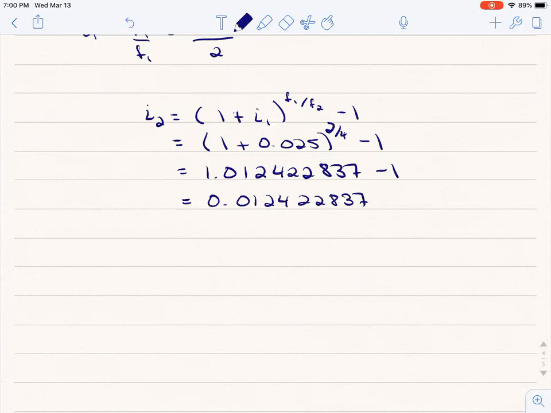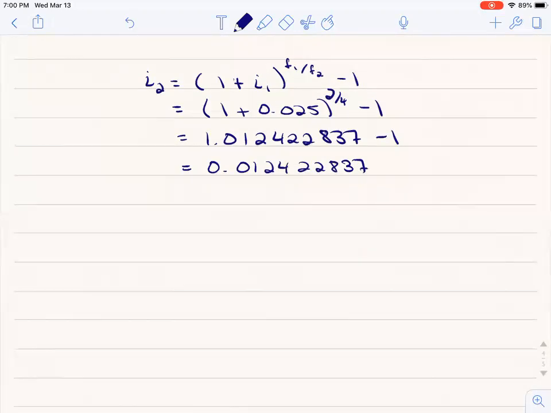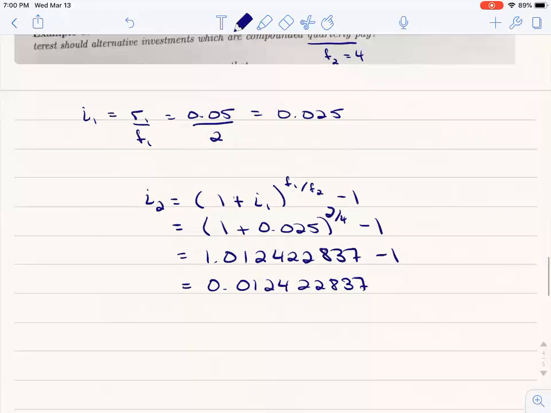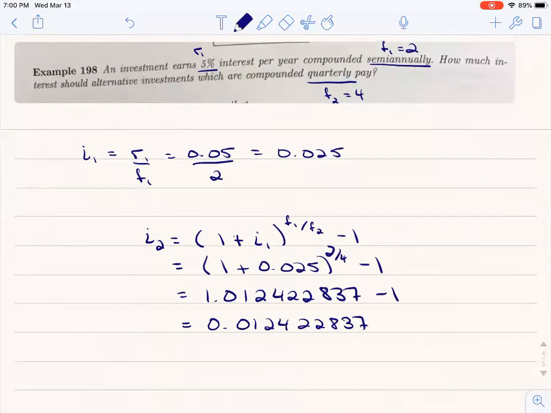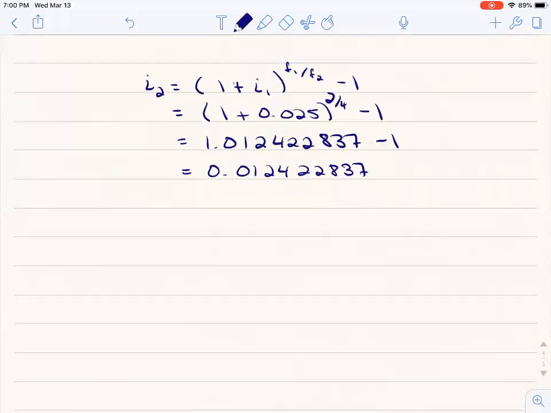So what are we saying here? Should we answer for R, R1, R2? I2 is R2 over F2.